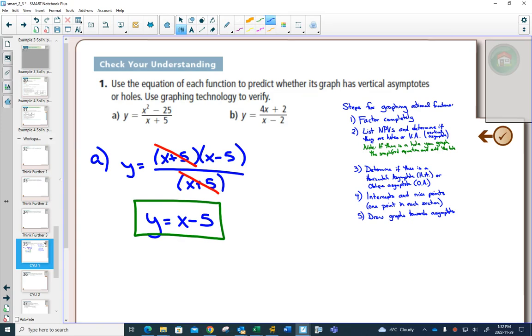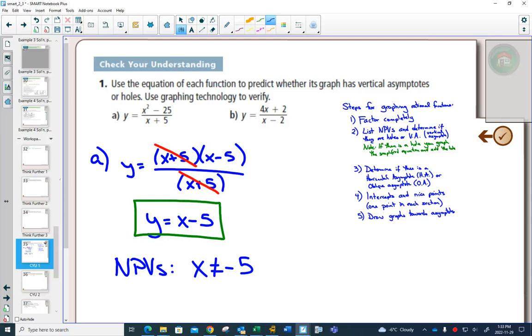Number 2, list any non-permissible values. So I'm going to say, were there any non-permissible values? Minus 5 is not allowed, so x can't equal minus 5. And then every non-permissible value will either be a hole or a vertical asymptote. If it cancels out and goes away, can you see that that's what happened?